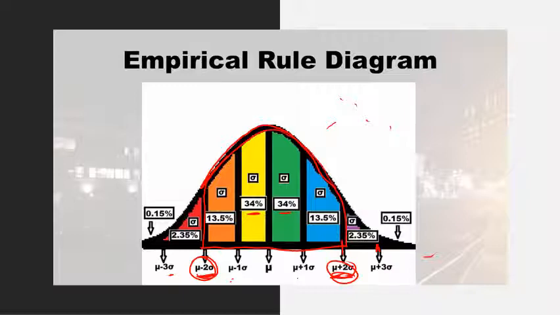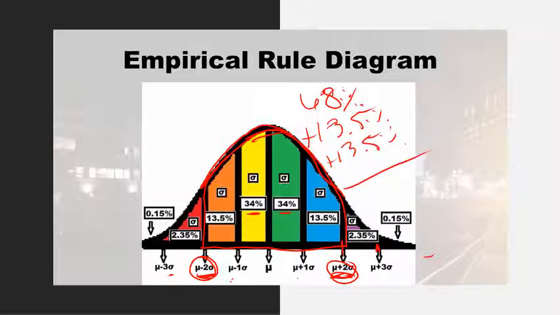And so, of course, we got these two, and that was 68%. We don't need to add that again. But now we have 13.5% and another 13.5%, and this equals 27. So let's see, 95.